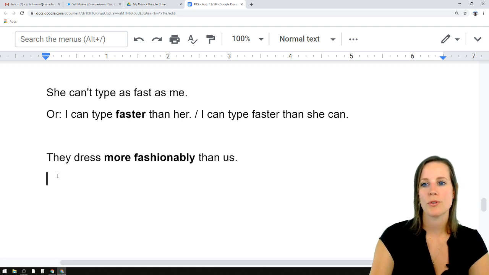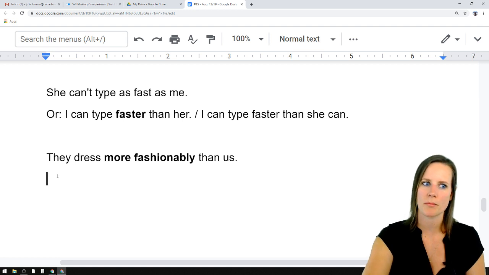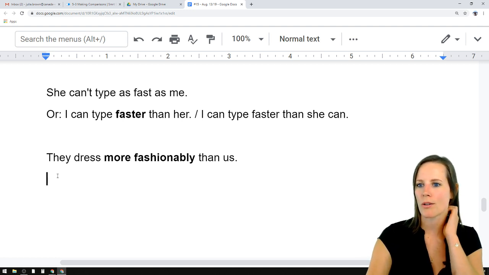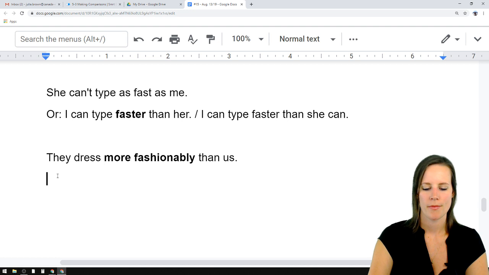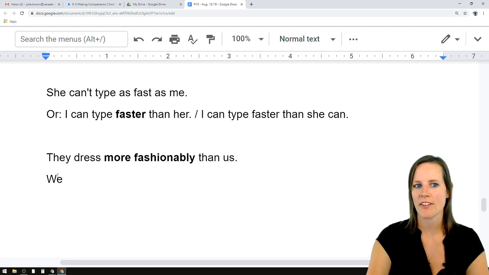So you need to change the order of things. They dress more fashionably than us, or we need to start with we and make it a negative as system. See if you guys can figure that one out. I'll give you a minute.